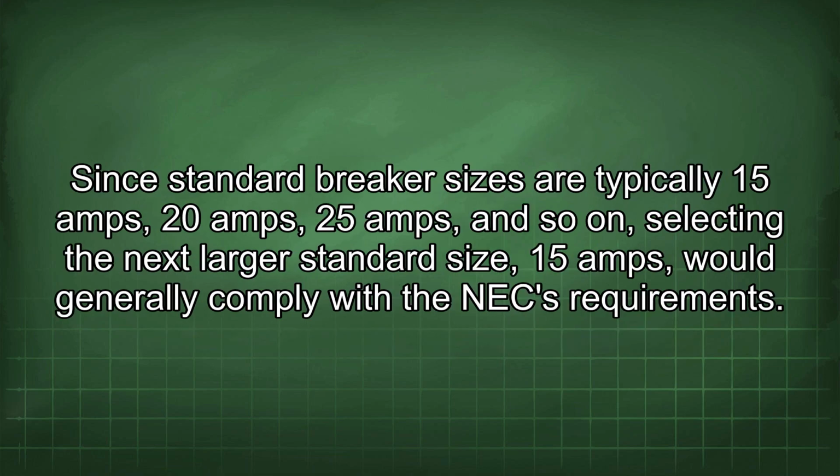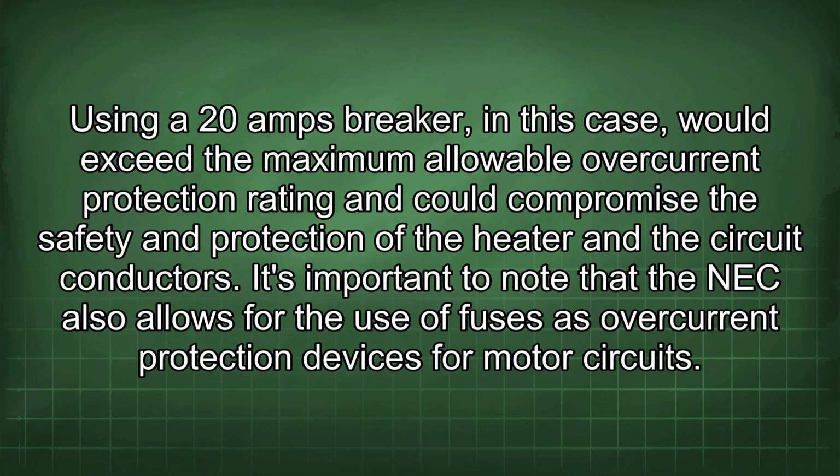Since standard breaker sizes are typically 15 amps, 20 amps, 25 amps, and so on, selecting the next larger standard size, 15 amps, would generally comply with the NEC requirements. Using a 20 amps breaker, in this case, would exceed the maximum allowable overcurrent protection rating and could compromise the safety and protection of the heater and the circuit conductors.